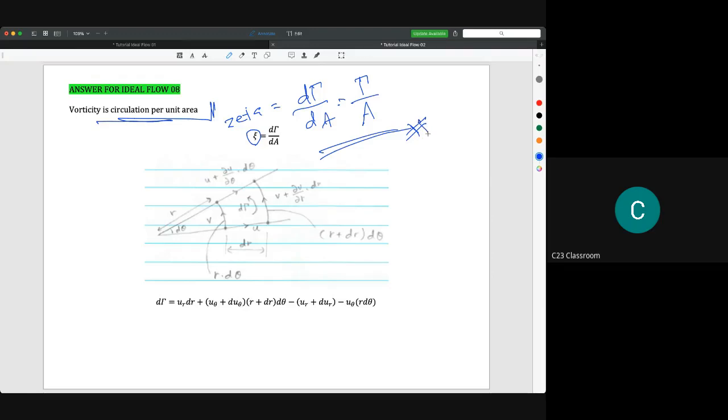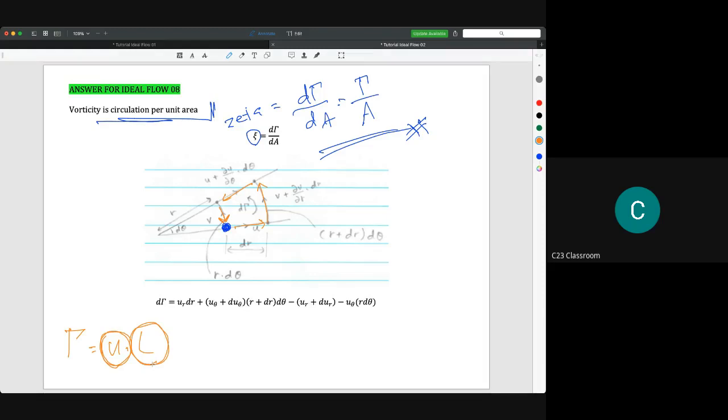The way we could calculate the value of zeta is to imagine that we have a molecule here, and this molecule travels in this direction, then this direction, then this direction, and then comes back to its original condition. So what we need to do is calculate using the idea of circulation. So gamma is u times L. The u here is the velocity, but the L here is the distance traveled by the molecule.